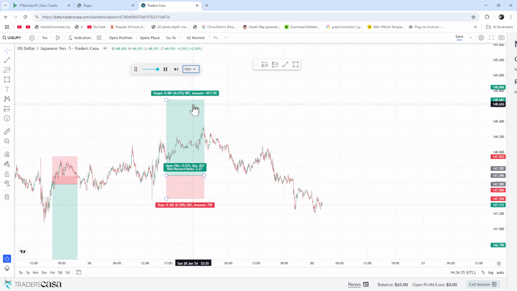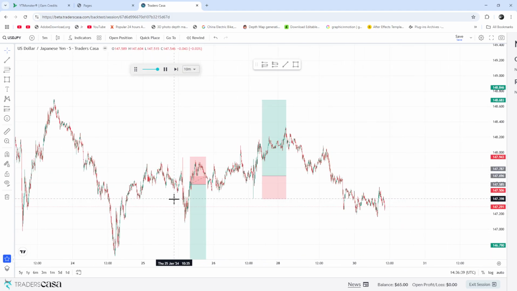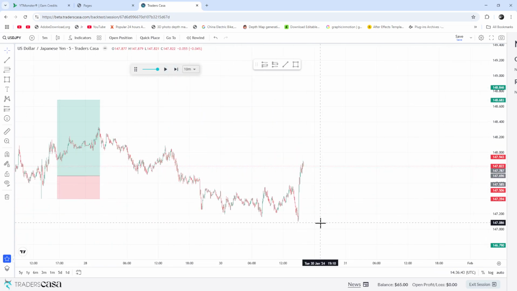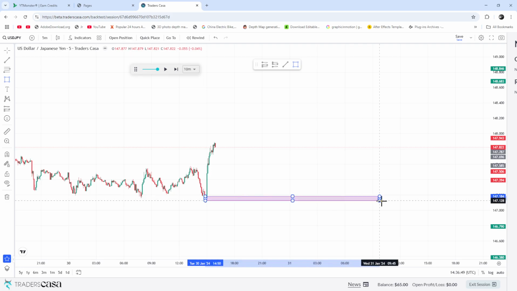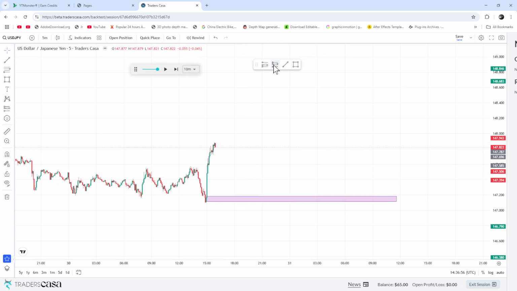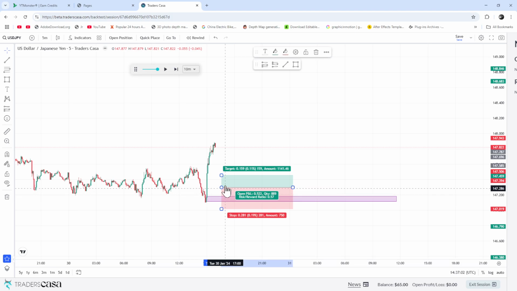So yeah, that's it. If you are trading 5 minutes only, expect this kind of stuff. So the market has already broken the structure. This is a demand zone. So I want to re-enter this trade here. Stop loss all the way down here.